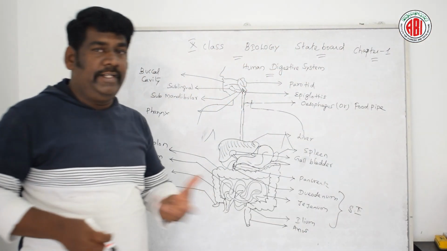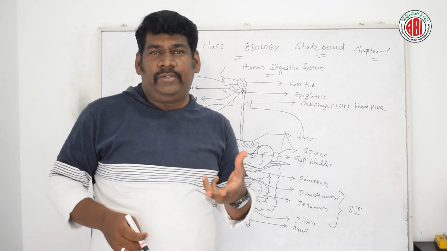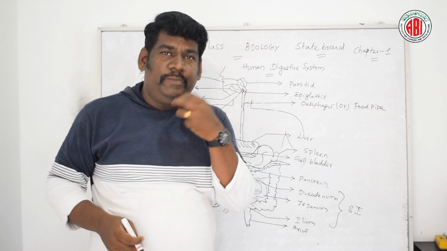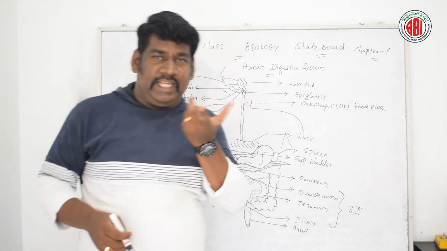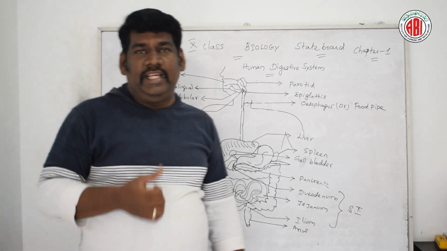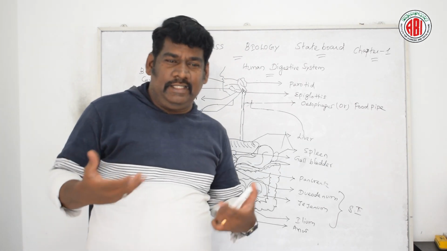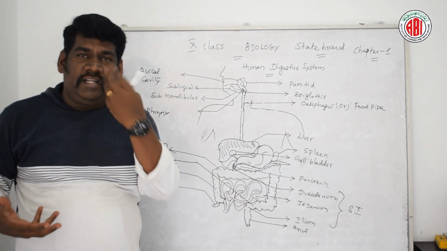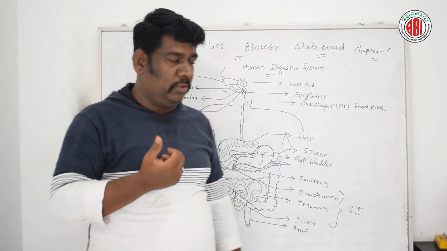Whenever we are eating food and sometimes due to a cough, the food particle may enter our nasal cavity and come out through the nose. Or when we are drinking water and we laugh or get excited, the water may come to the nasal cavity and out through the nose.